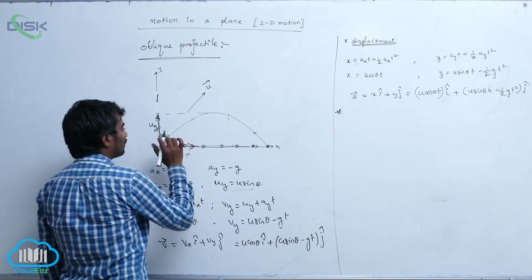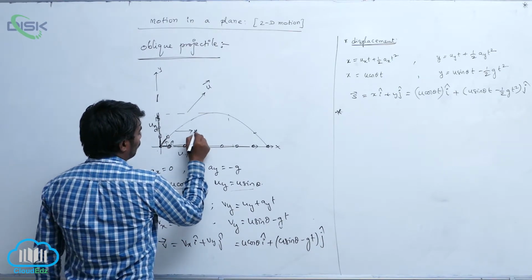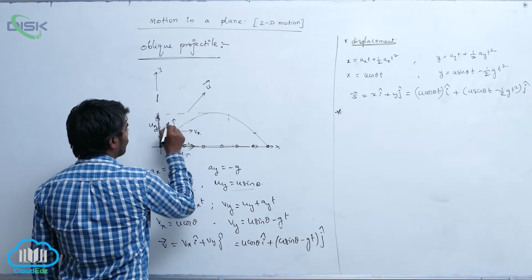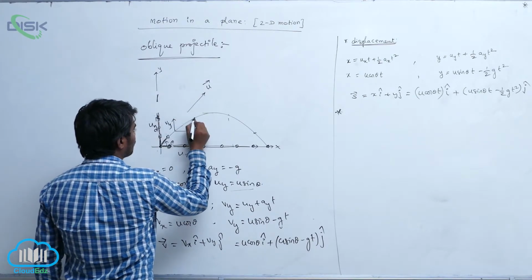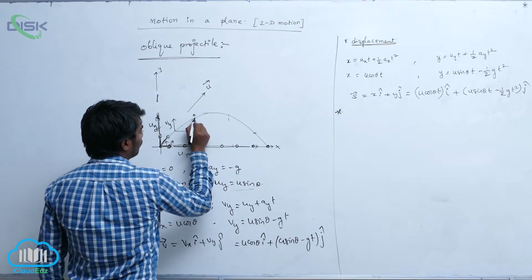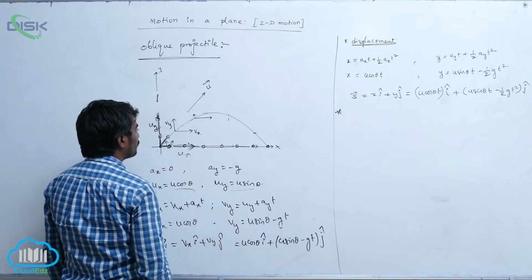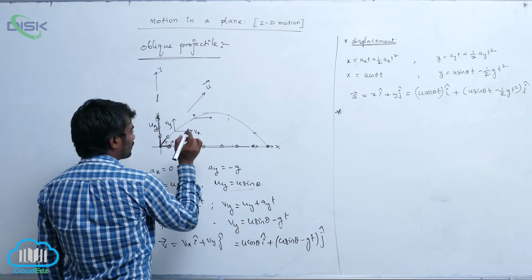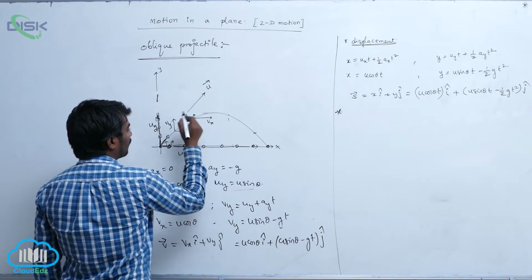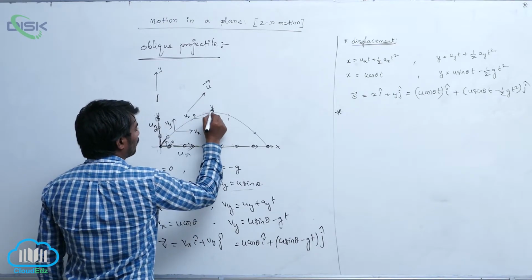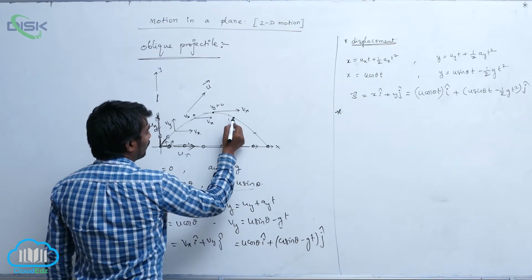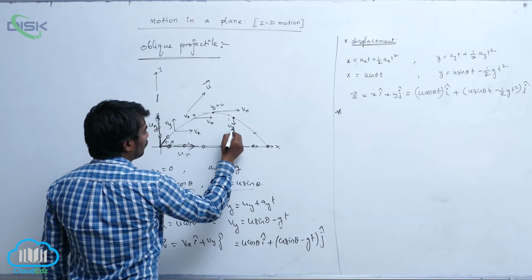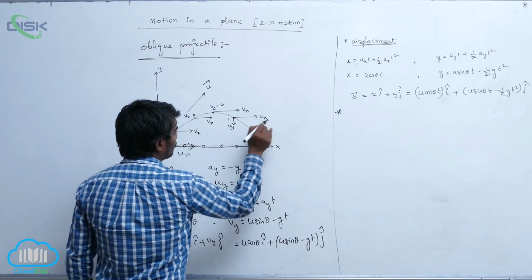That means in this you can say this is Vx, this is Vy, but the Vy value gradually decreases, so the arrow length is less, while Vx is constant. On reaching this point Vy will be 0, but the x component Vx is the same, and again here Vy is downward, and the x component Vx is the same.